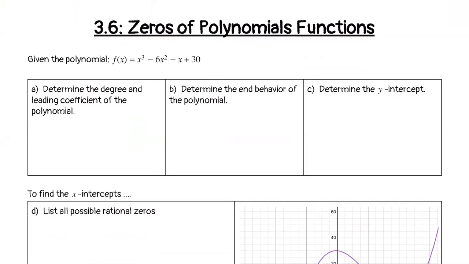We just took a look at this particular f of x, x cubed minus 6x squared minus x plus 30, okay? So now 3.6 is really where I would make sure to study for exam 2, okay? A lot of the stuff that we've been learning in 3.3 and 3.4 and 3.5 all come together in 3.6.